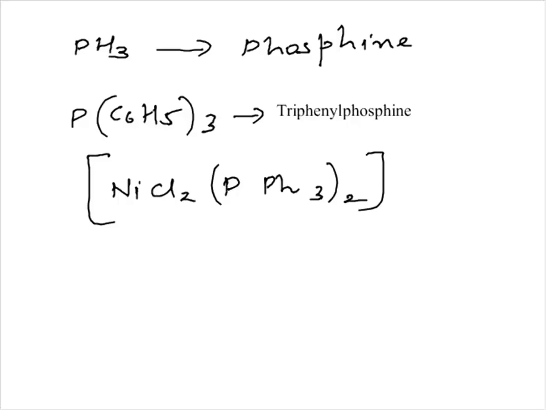Sorry, chloro. Can you repeat then? So this is dichloro bis triphenyl phosphine nickel 2. Yes. And there will be a bracket for triphenyl phosphine. So dichloro bis, then bracket triphenyl phosphine, then nickel 2.